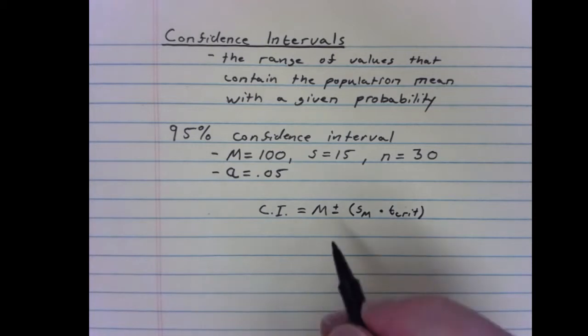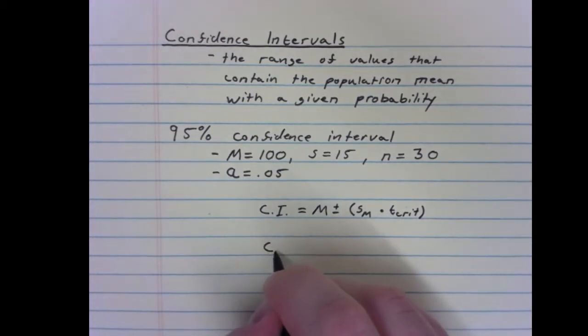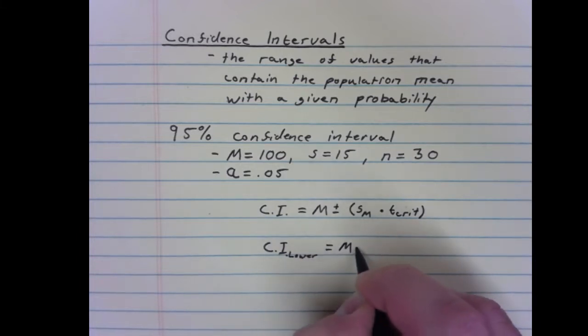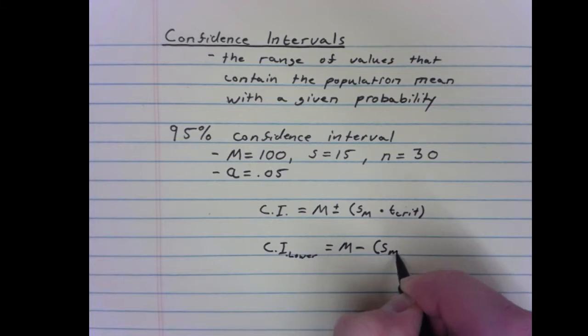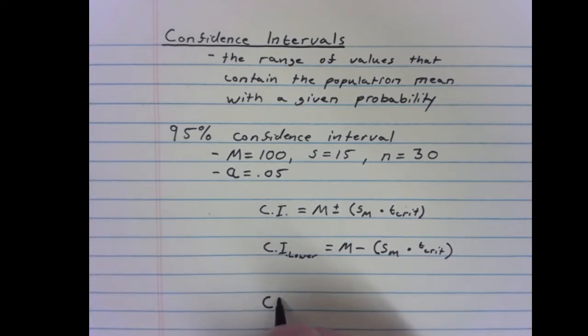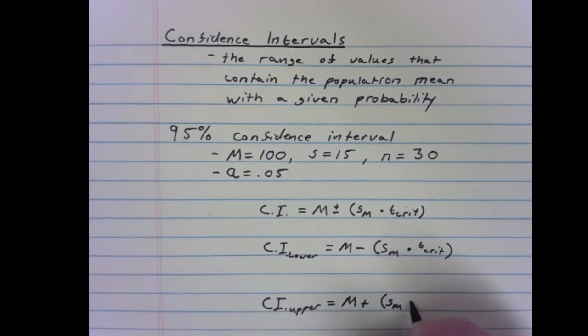What that really is saying is you need to calculate the lower limit of your confidence interval, and to do that you need to take the mean minus the standard error of the mean times t-crit, and to get the upper, you need to add your estimated standard error times t-crit.